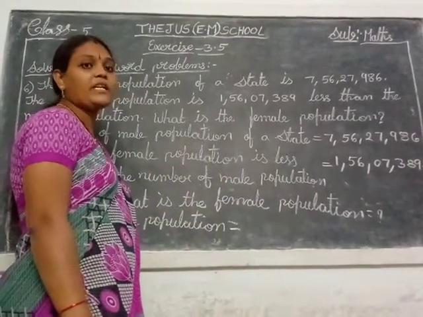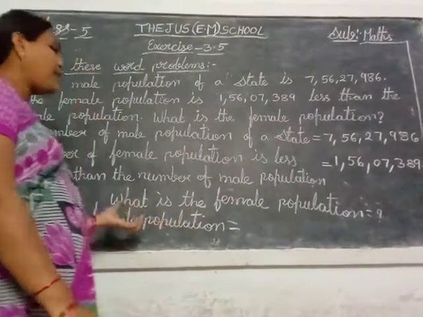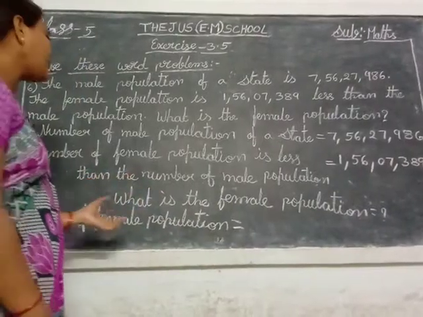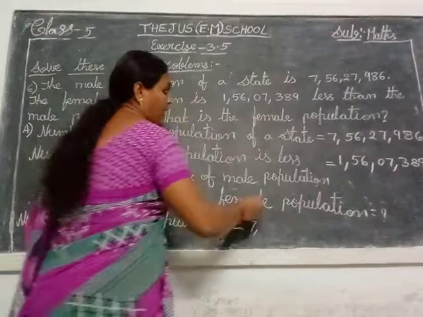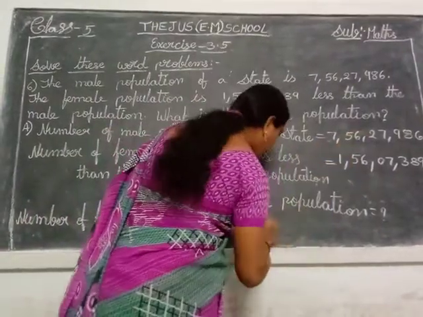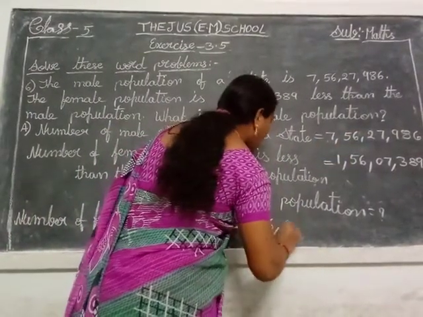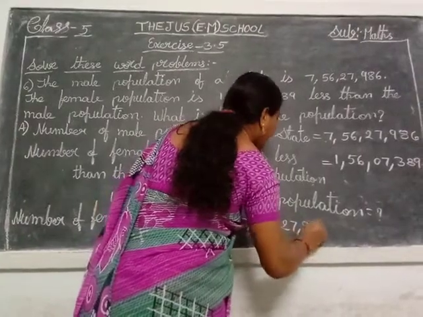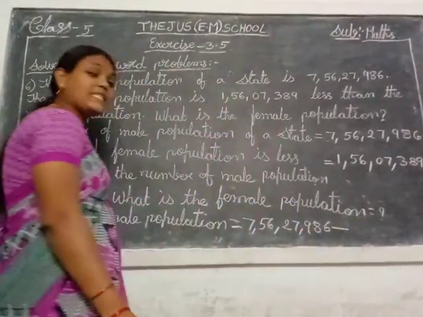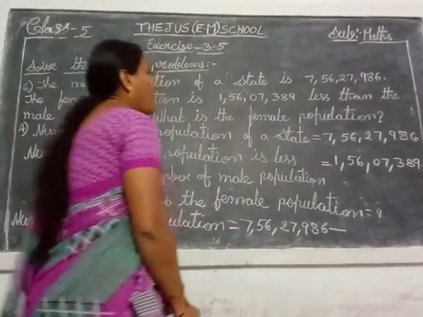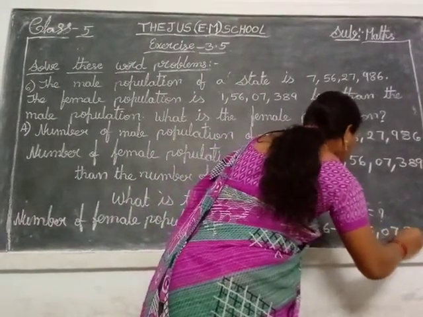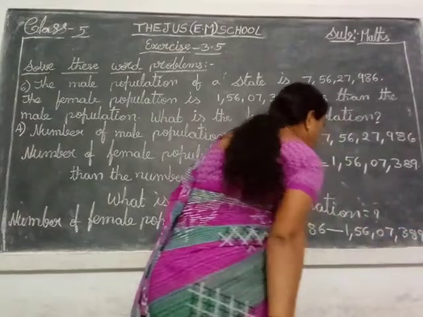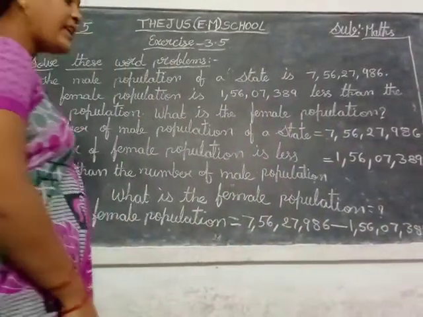You do the subtraction here. First you write the number of male population, 7 crore 56 lakh 27,986, minus the number it is less than, 1 crore 56 lakh 7,389. Now you do the subtraction here children.